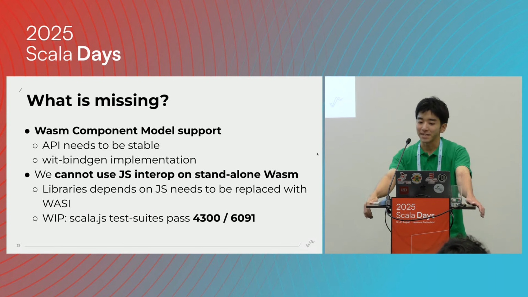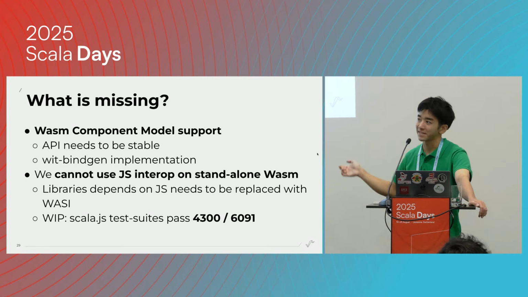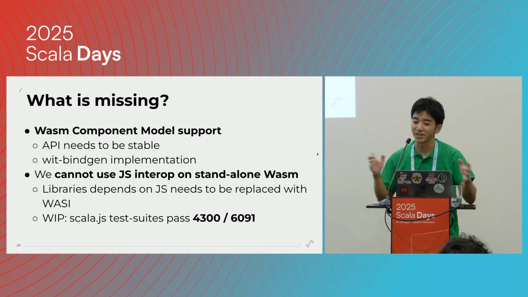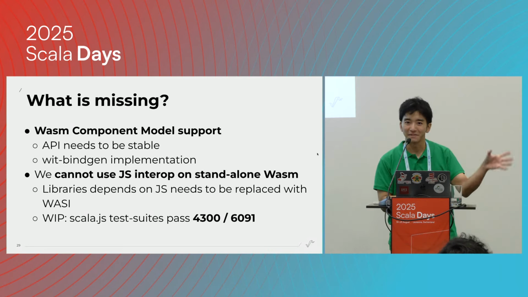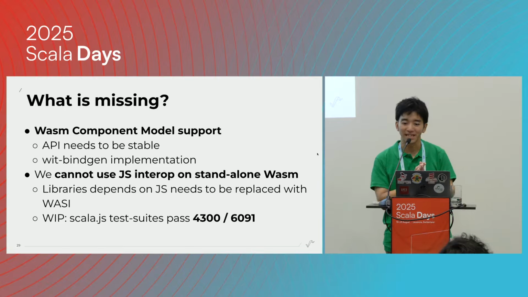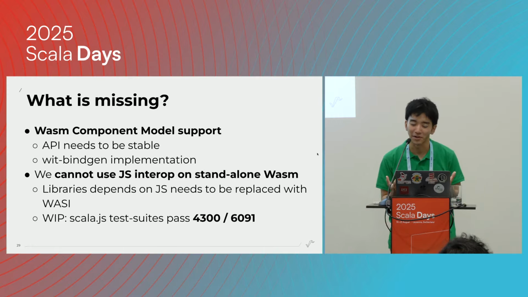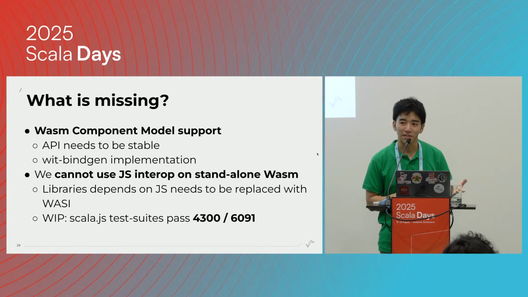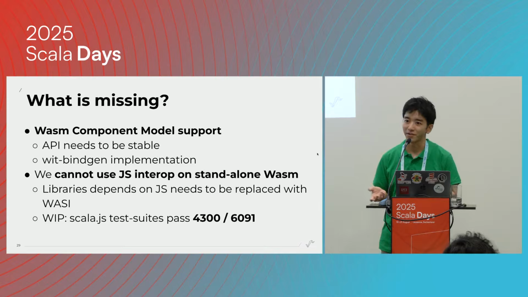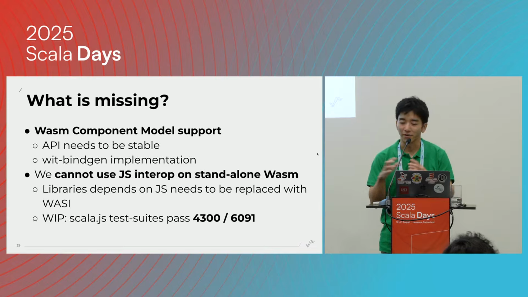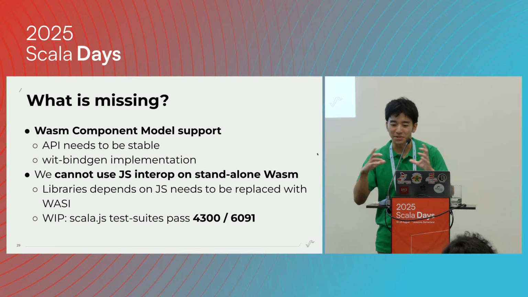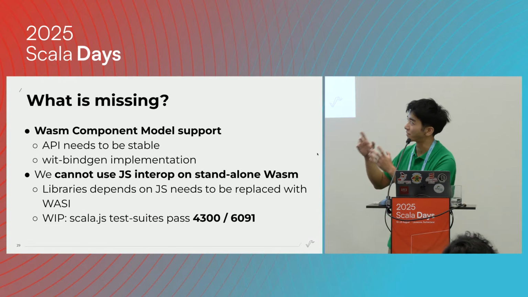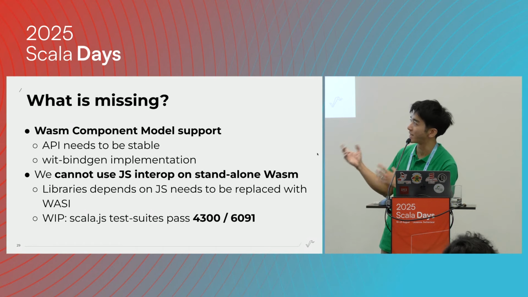Another challenge is that to generate server-side Wasm, we cannot use JS, because Wasmtime and WasmEdge don't have any JS environment. But the current Scala.js has a lot of JS interop in the JDK implementation, so we have to re-implement some of that JS interop part of the JDK in pure Scala or based on WASI.